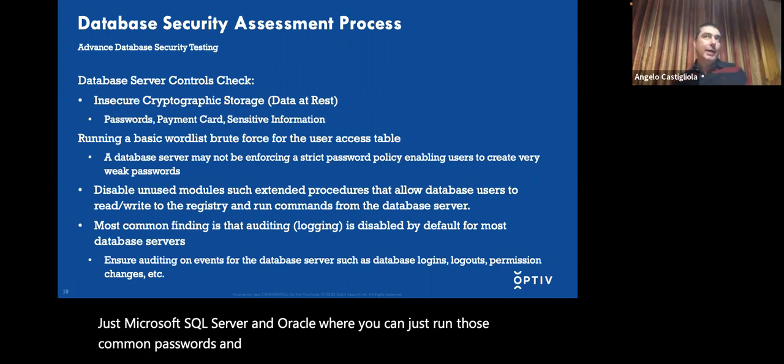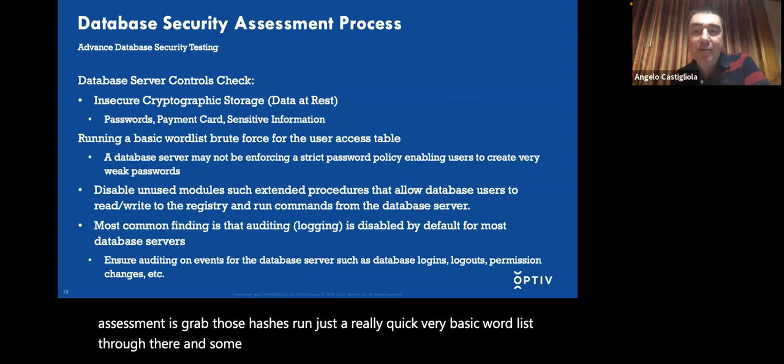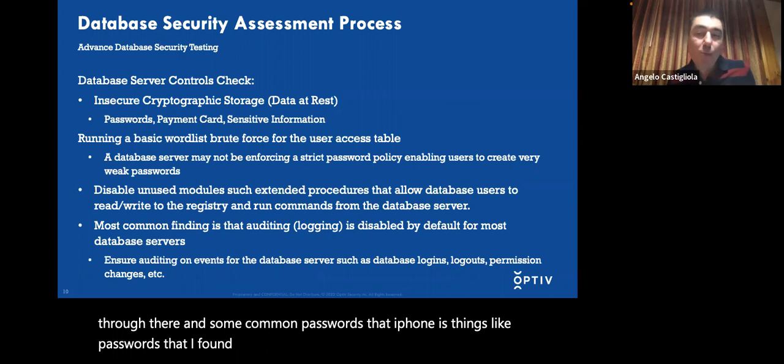So what I like to do as part of a database security assessment is grab those hashes and run a really quick, very basic word list through there. And some common passwords that I found are things like "password". I found accounts with things like Web App One and Vendor Portal.